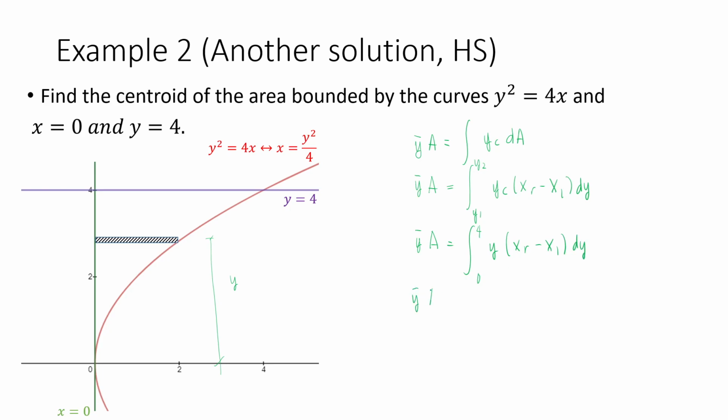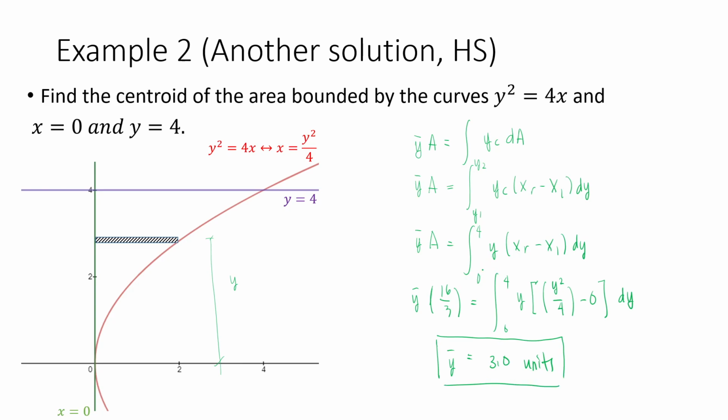So bar y times 16 over 3 is equivalent to the integral from 0 to 4 of y times y squared over 4 minus 0, and then dy. So notice that this one is a bit simpler, right, compared to the other one, where I think you are going to multiply with a radical expression.